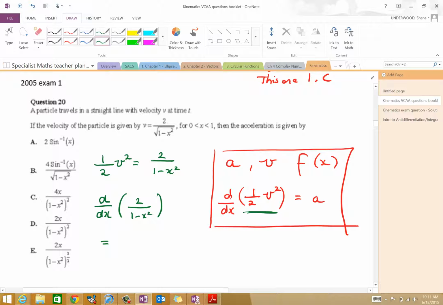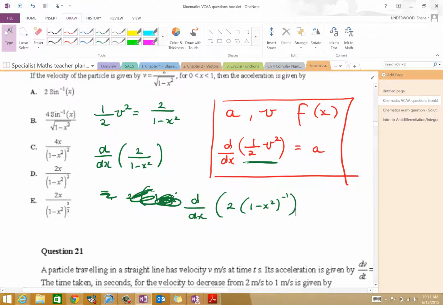And the derivative of that is 2 times 1 minus x squared. Okay, look. What I'm going to do is d by dx, sorry, my bad, I'm having a bad day today, of 2 times 1 minus x squared to the negative 1.